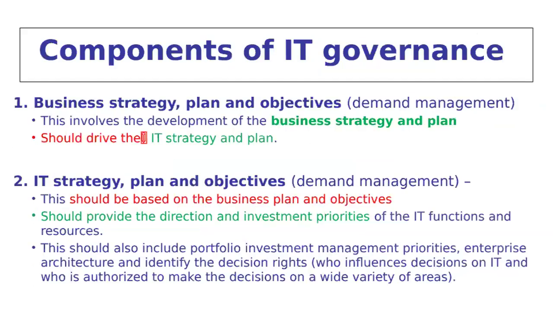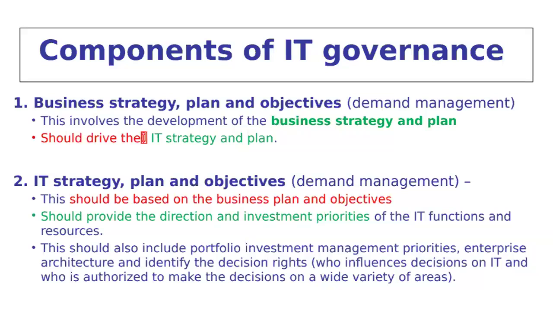So the components of any IT governance should include business strategy, plan and objective. We call this demand management, which involves the development of the business strategy and plan. So the business should drive the IT strategy and plan.